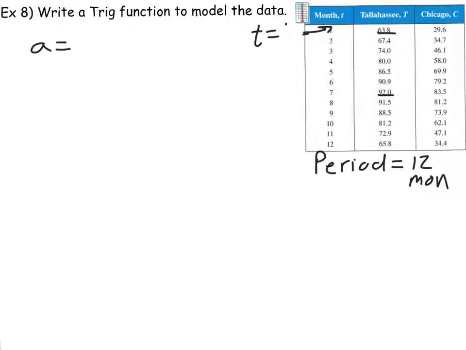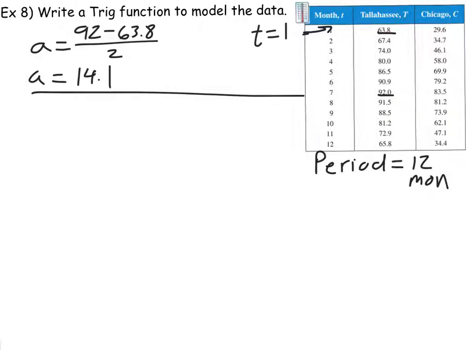All right, A is always quite nice to work with. 14.1. Okay. 2 pi over b equals 12.